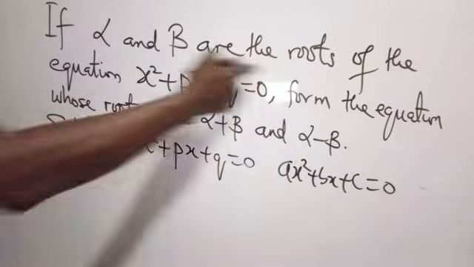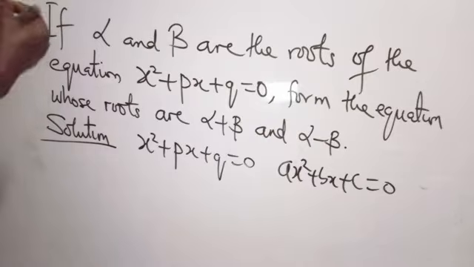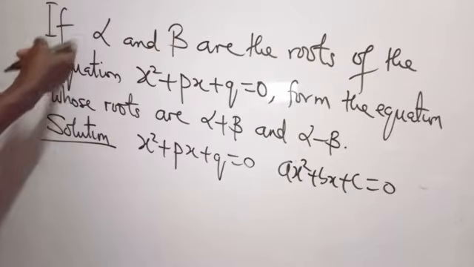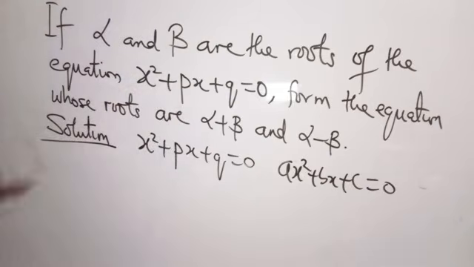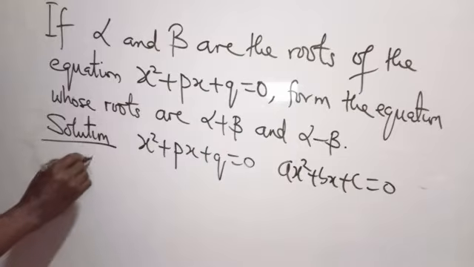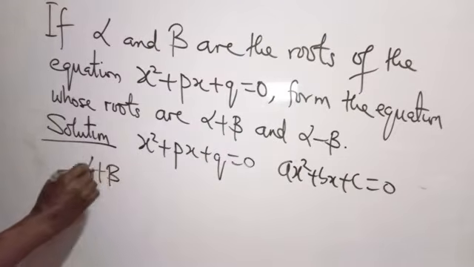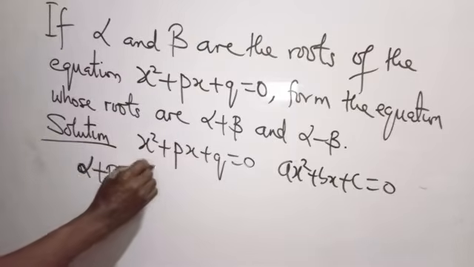Now, in this case, alpha and beta are the roots of this equation. So we are going to relate whatever we obtain as the sum of alpha and beta with respect to this given equation. So that implies alpha plus beta is going to be minus b over a.